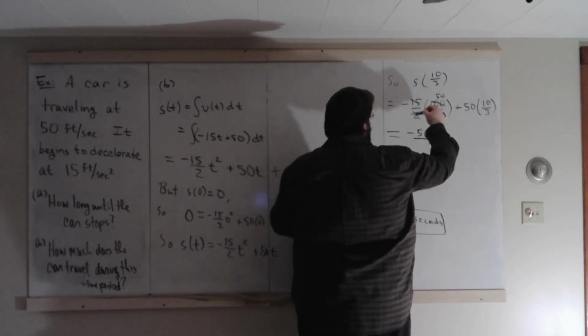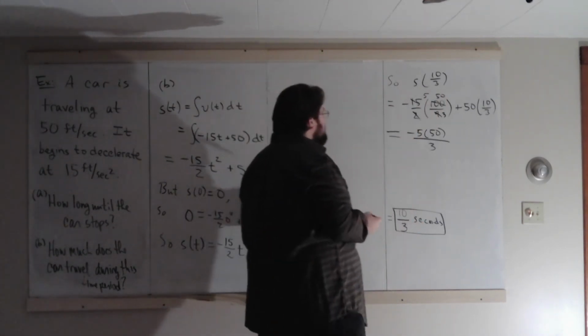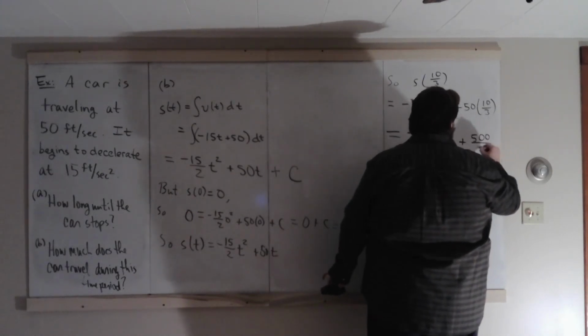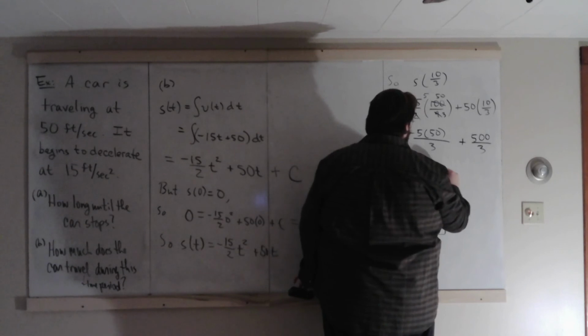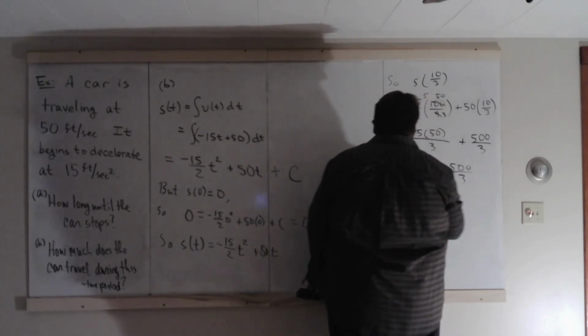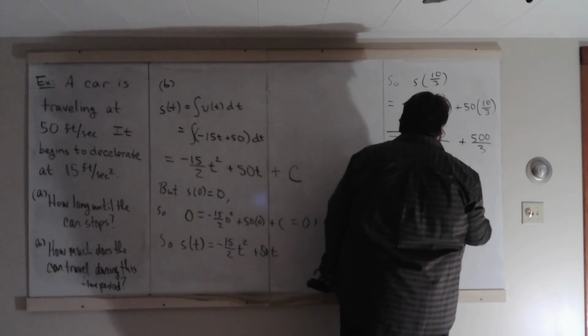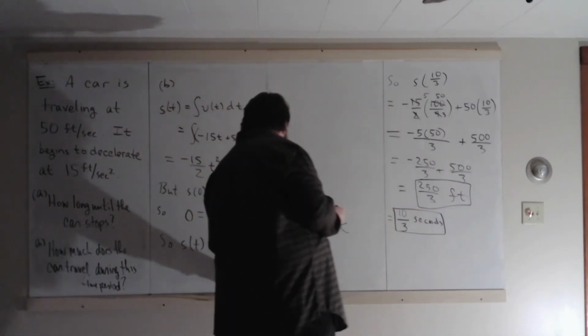You're left with a 3 down there and a 5 up there. So you get negative 5 times 50 all over 3 plus 500 over 3, which equals negative 250 over 3 plus 500 over 3, which is just 250 over 3, and our units were feet. So it travels 250 over 3 feet.